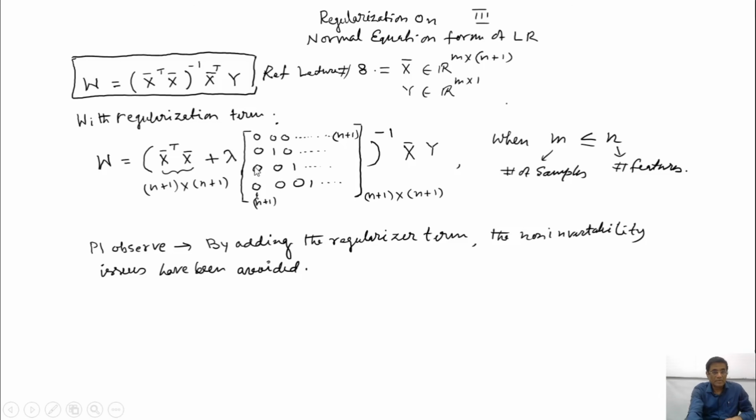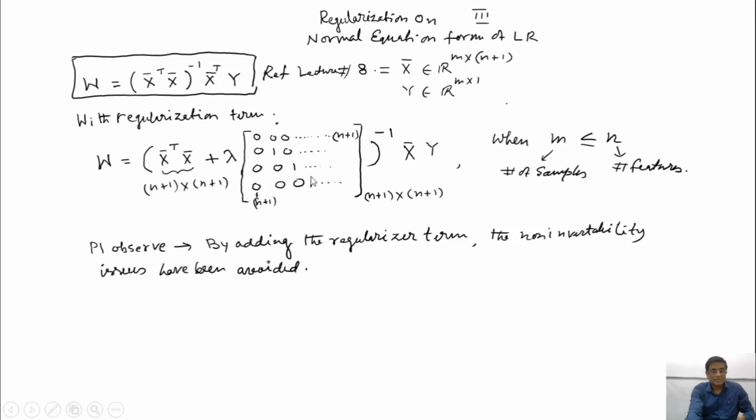For the second term we have 0, 1, all others are 0. For the third term, we have 0, 0, 1, and all others are 0. Like this, it has n plus 1 columns and n plus 1 rows. We have added this times the lambda value which we have given, and then we are determining W.